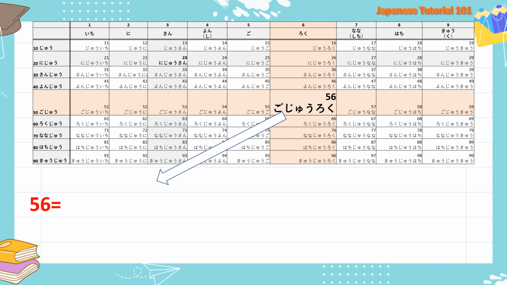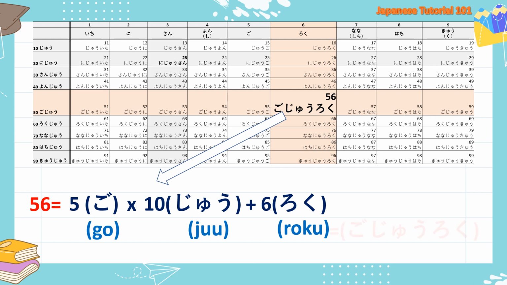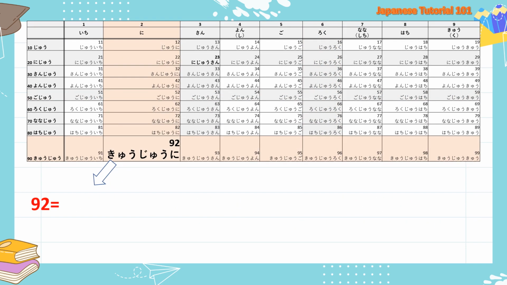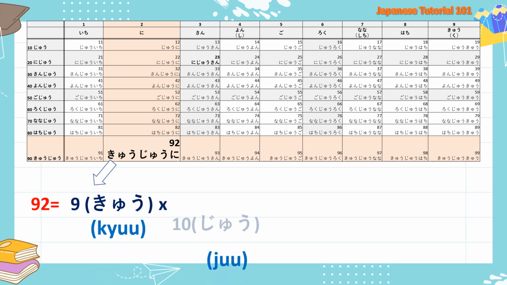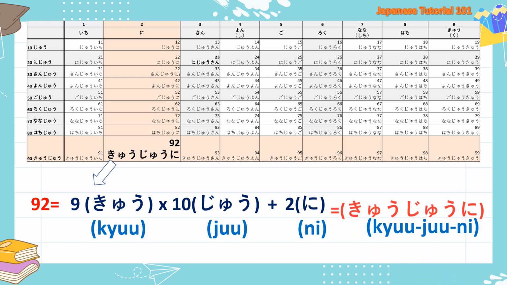We have 56. 50 is 5 times 10 plus 6. So 56 is 56. The number 92. 92 is 9 times 10 plus 2. 92 is 92.